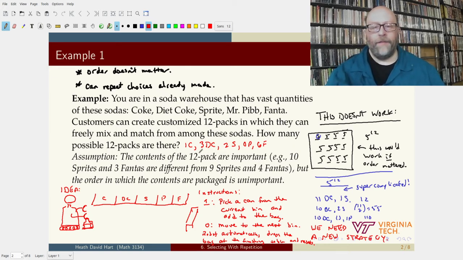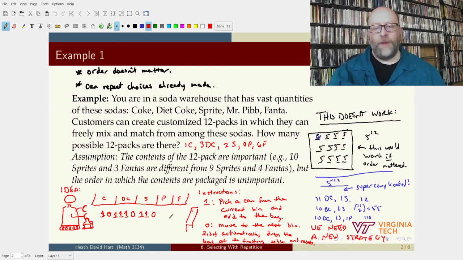All right. So how would we code this in a set of instructions? We would pick 1 Coke, so that's a 1. Pick a can from the bin and add it to the bag. Then move to the next bin. That advances the robot to the Diet Coke bin. Take 3 cans off of the Diet Coke rack and put them in the bag. Advance to the next bin. Now we're at the Sprite bin. Take 2 Sprites.